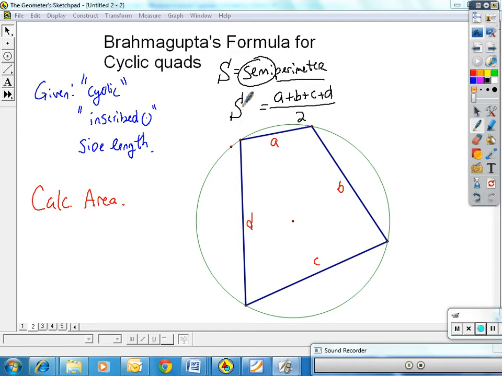You'll need to know the semi-perimeter before you can find the area. So here's the area formula. The area formula is this.